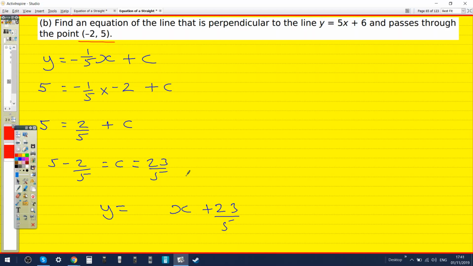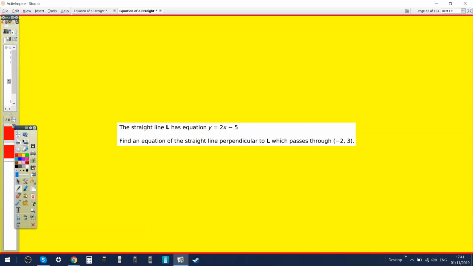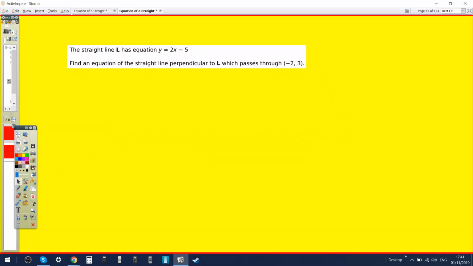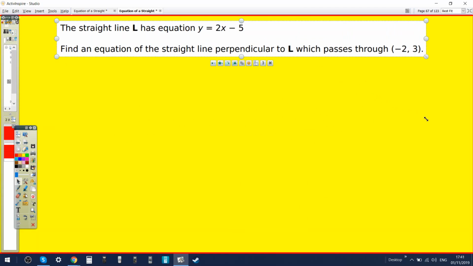Yeah, so minus a fifth. Okay. That's it. Great. So find m, it's perpendicular, and then find c. It's the same as the method you used before. Sub in x, sub in y, and solve for c. So just because it's negative won't make any difference. We'll just do one more of those.